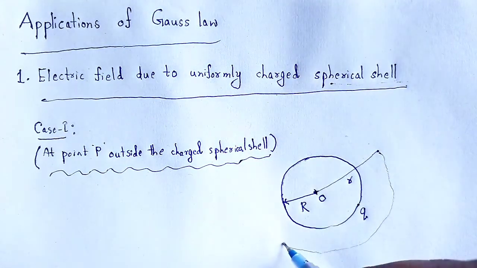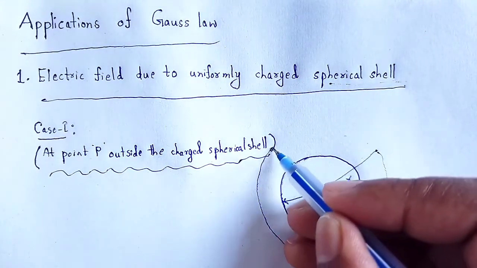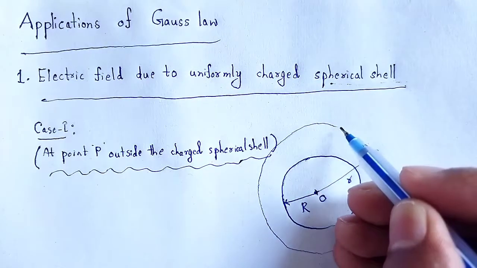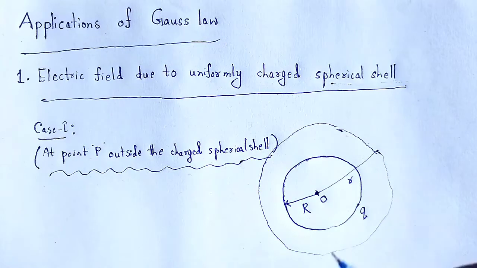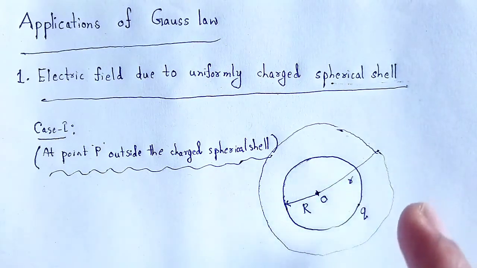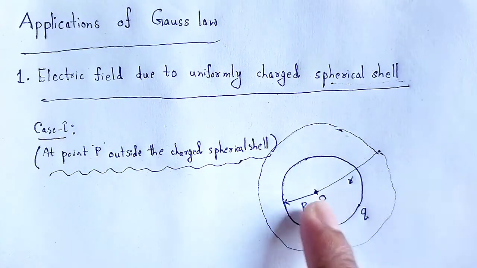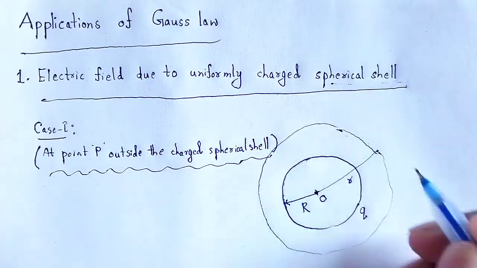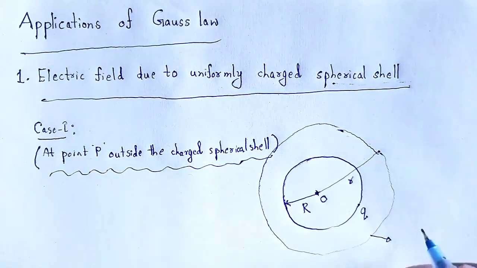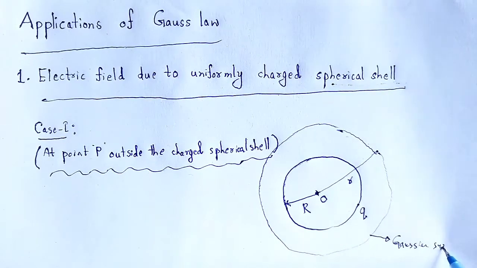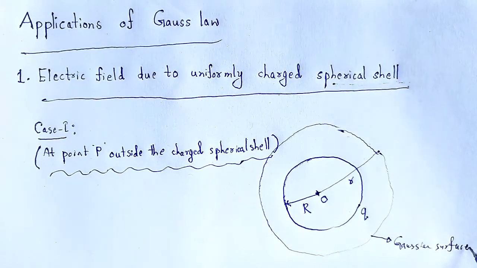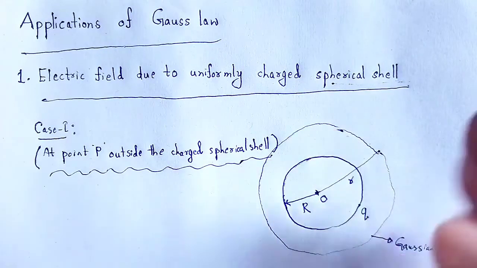By taking the radius r, we draw the sphere with center at O, and that will be the Gaussian surface.